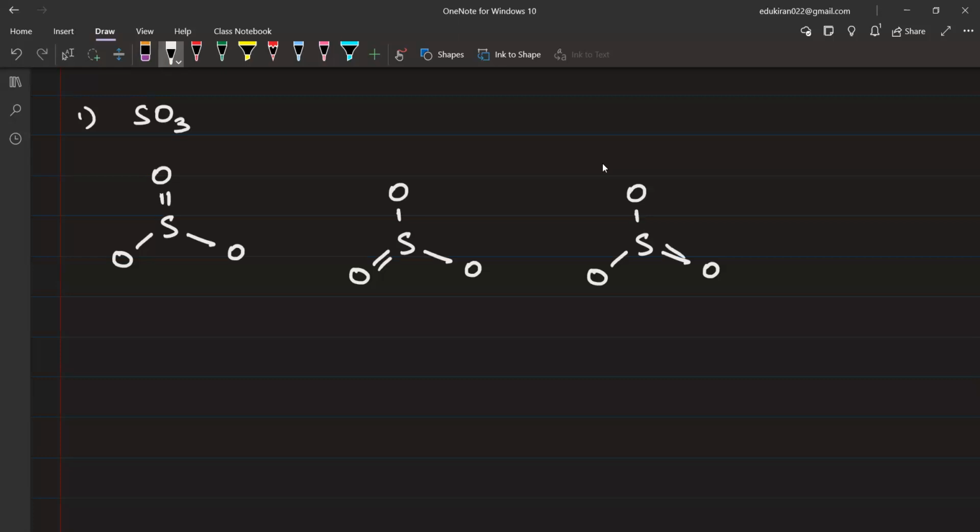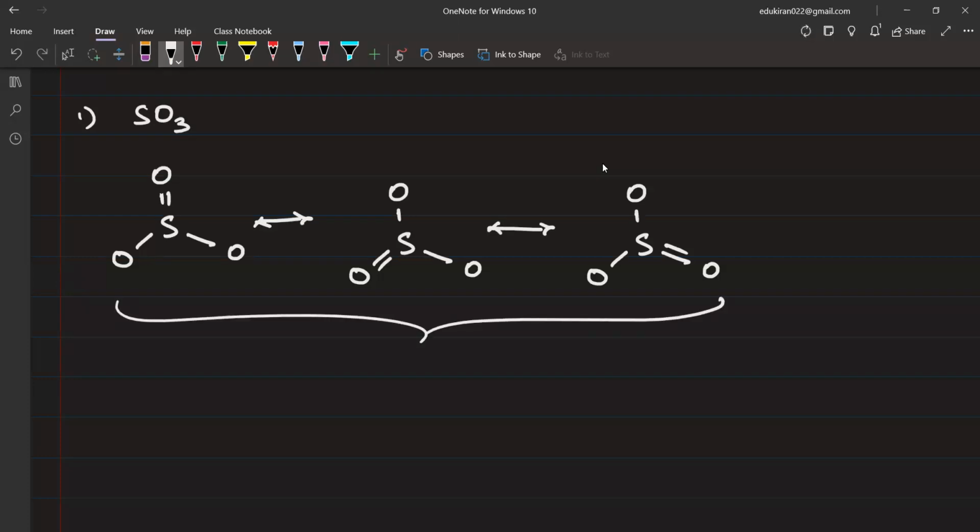All of these are resonance structures or canonical structures. But the resonance hybrid structure made by all these contributing structures will be sulfur with three single bond oxygens, and all these bonds will have partial double bond character. The basic idea is you look at the sulfur.